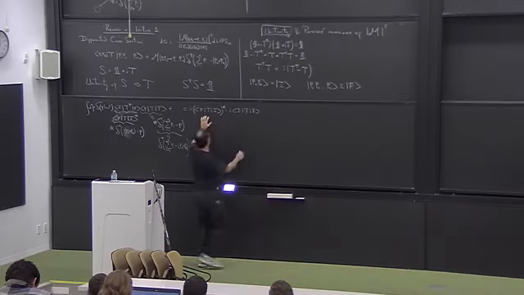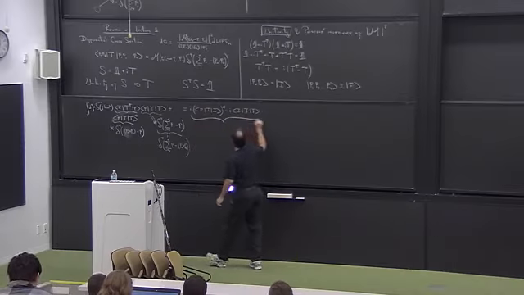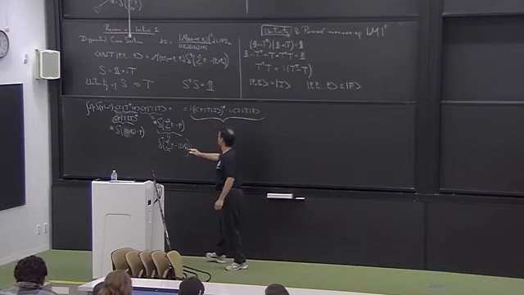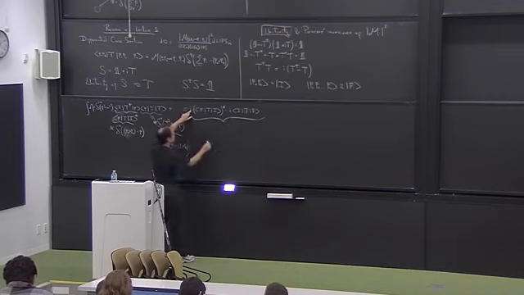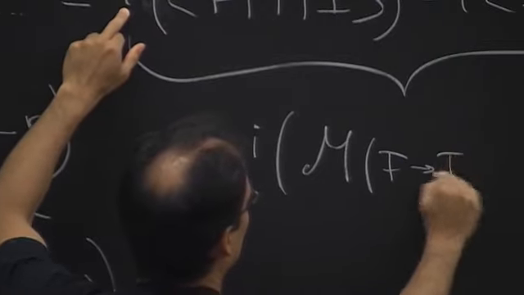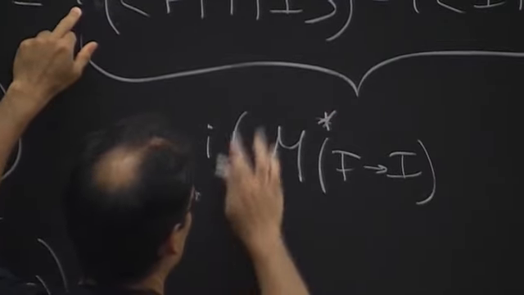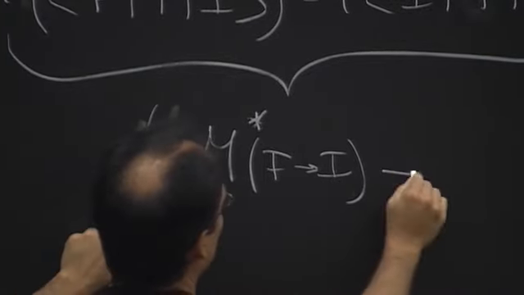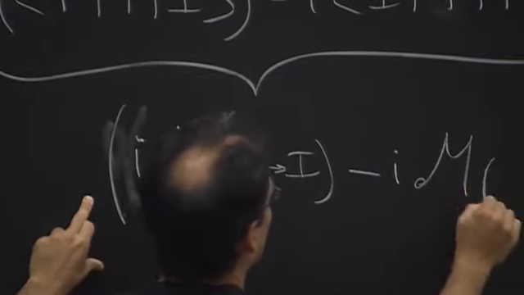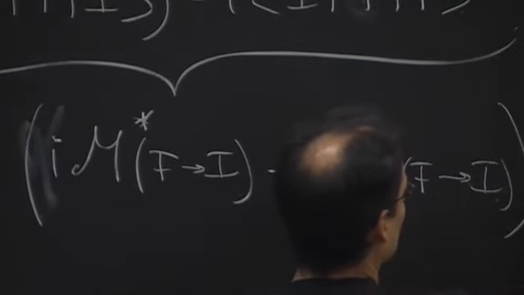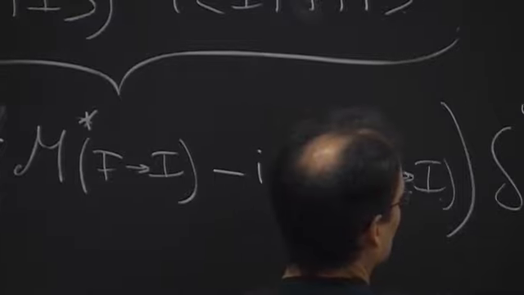Now, the same thing happens here. In other words, this thing also has an overall momentum conserving delta function of this form. So I'm going to write it explicitly, but I'm going to do it like this. So I'm going to put the m from f to I star, so I can actually remove the I, minus I m from f to I times a momentum conserving delta function.